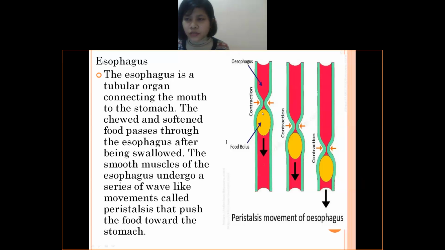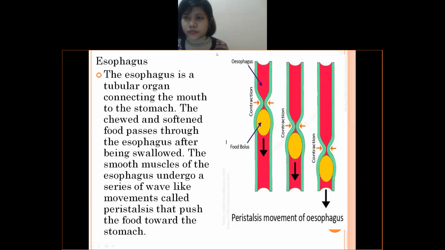As you swallow, the food comes down from the mouth towards the esophagus. So in the esophagus, what happens as the food goes inside?